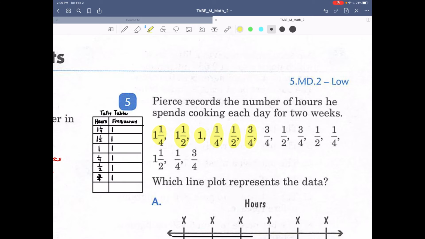And then I see 3/4 again, so I don't make a new entry, I just put another tally mark. And then I see a 1/2. And then a 3/4. And then another 1/2. And then another 1/4. And then a 1 1/2. And then a 1/4 and a 3/4.